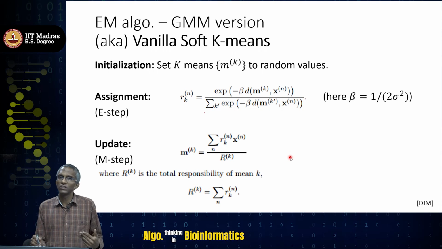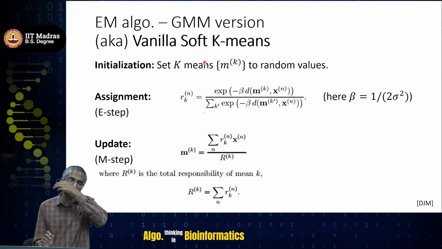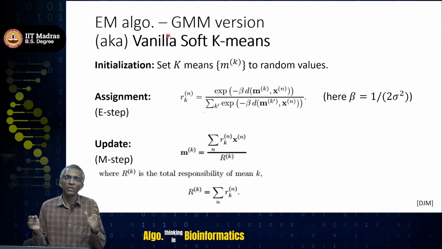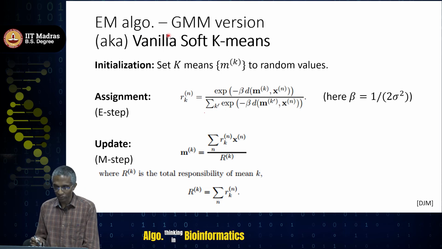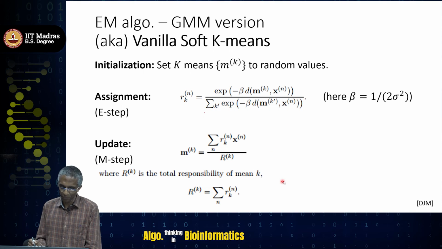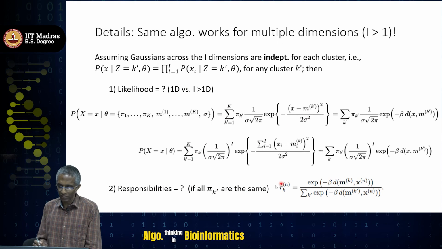So if you are working with 1 gene or 2 genes or 70 genes or 1000 genes, the vanilla soft k-means algorithm derived using the EM algorithm applied on a mixture model is exactly the same. Okay, that is what this slide shows.